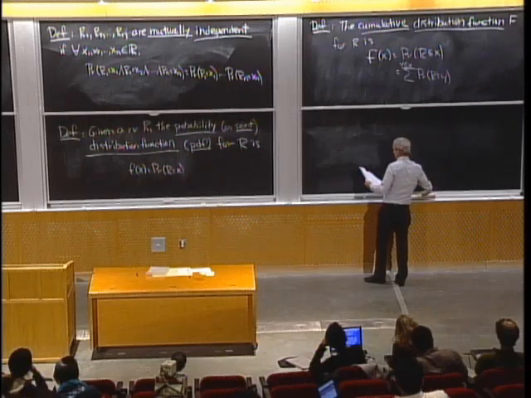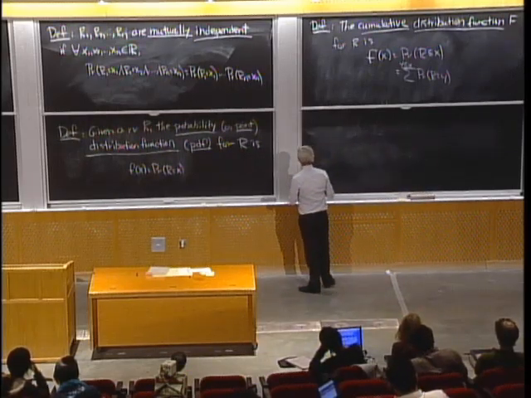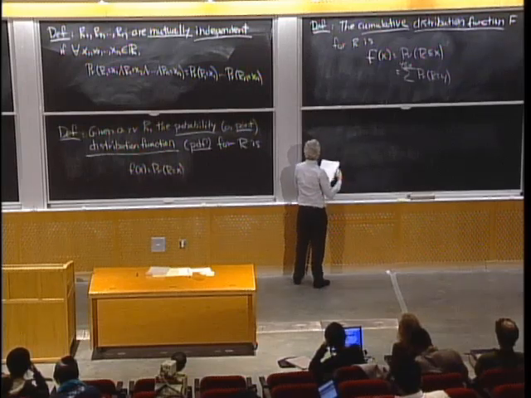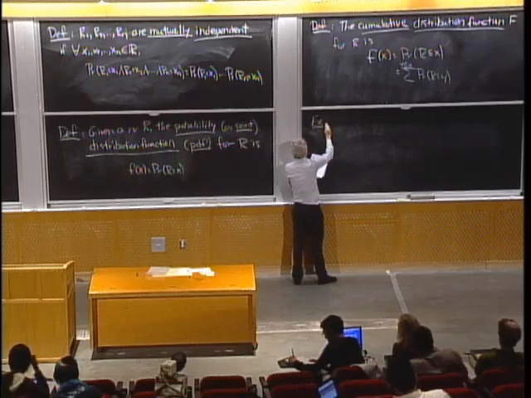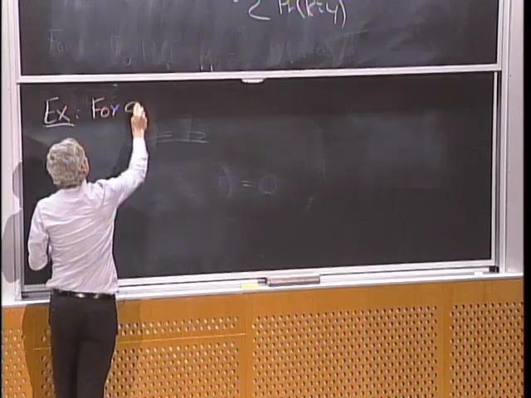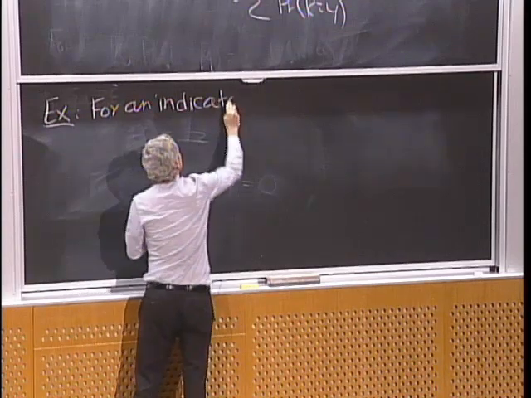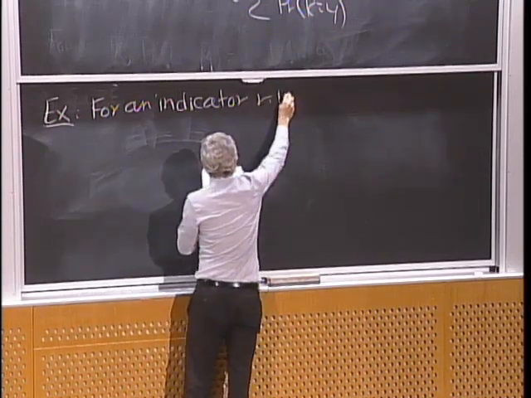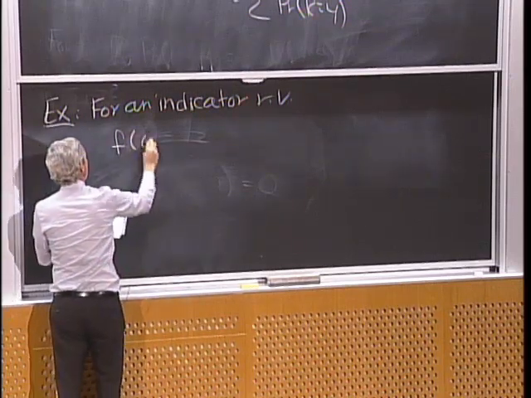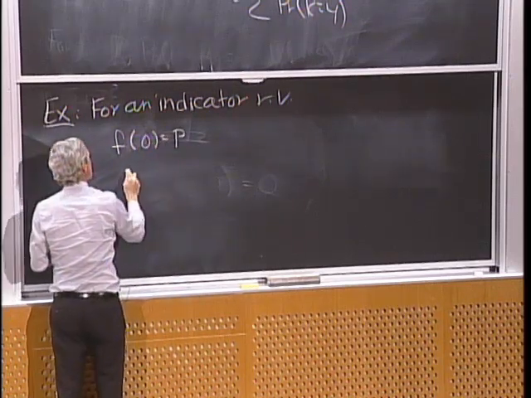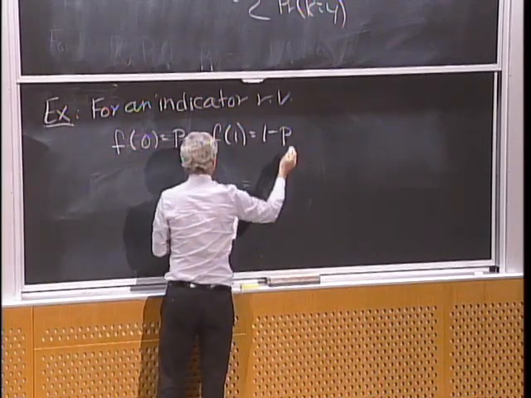The first is really simple, and that is the Bernoulli random variable or indicator random variable. All right, so for an indicator random variable, f of 0 is p, and f of 1 is 1 minus p for some p.